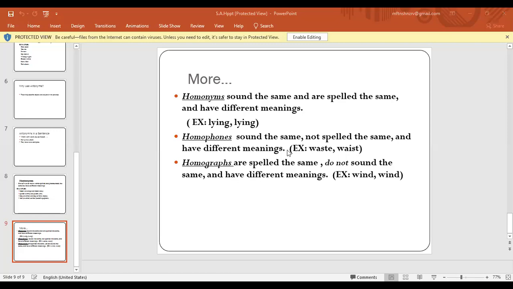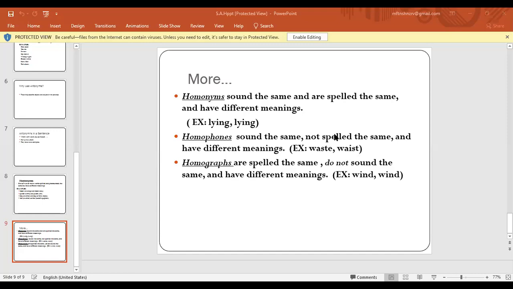Their sound is the same, but their spelling is not the same, and they have different meanings. Waste, it's about time. Waist, it's another noun.